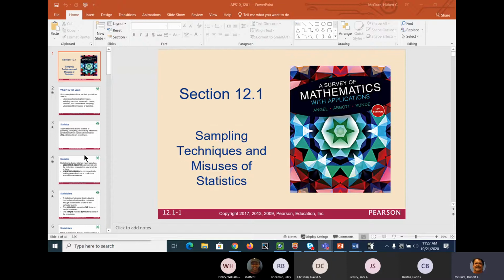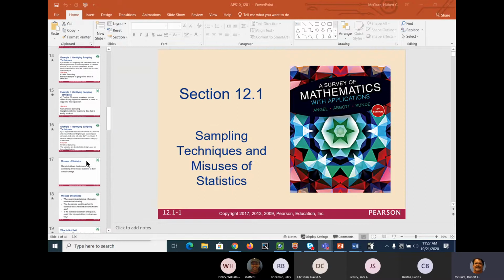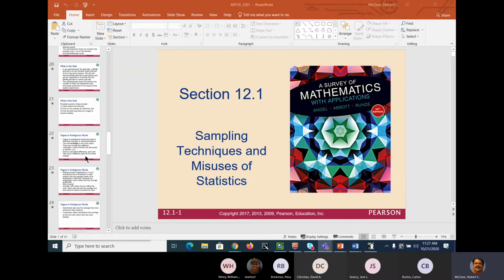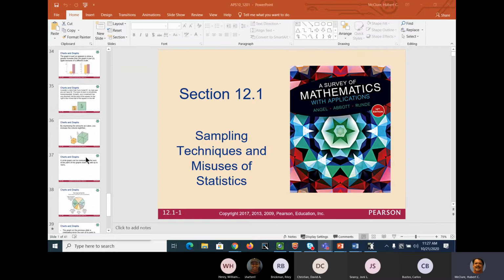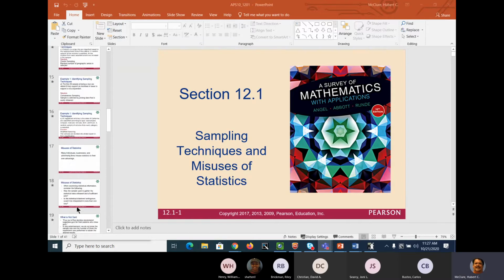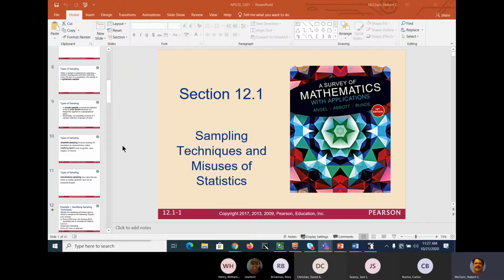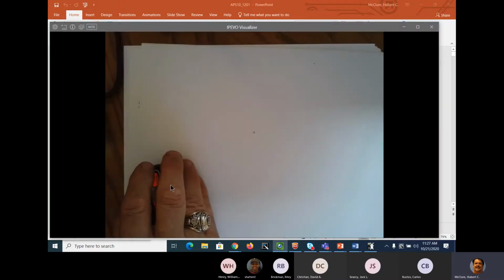this is going to be a reading section. I think 12.1 is the reading. If you look, there's no numbers. See all those slides? There's no numbers. There's some toward the end, but after 12.1, you start to get into the math. Let me go ahead and map out what we're going to be doing in 12.1.